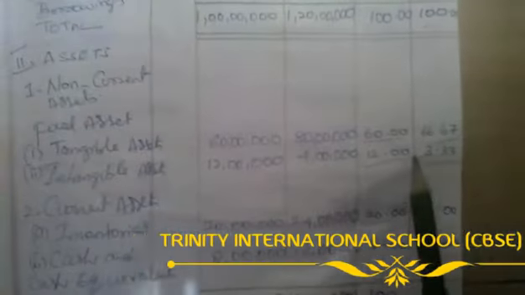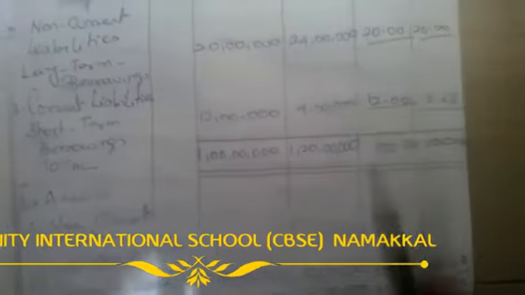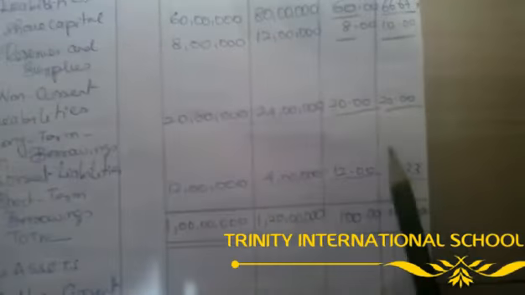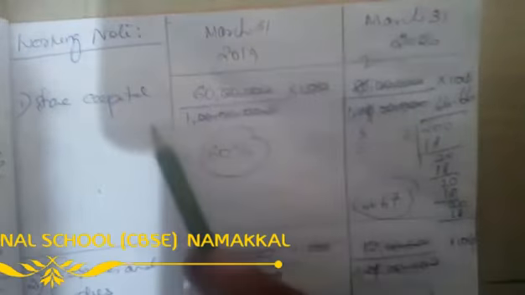For this chapter that we discussed, comparative statement and common size statement, you can easily score 4 marks by concentrating on how to do the working notes, which is very, very important. So don't do it in pencil. You write it as it is, in the same manner. Put it in working notes. Then two columns, whether same company or different years, whatever, each heading.